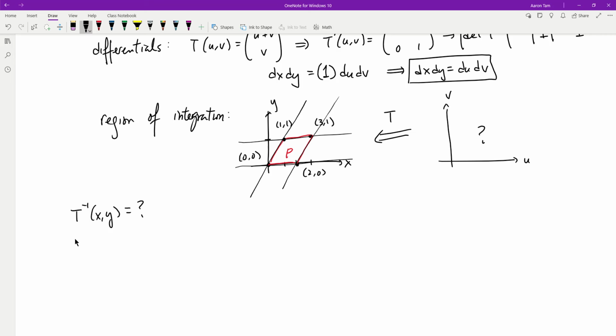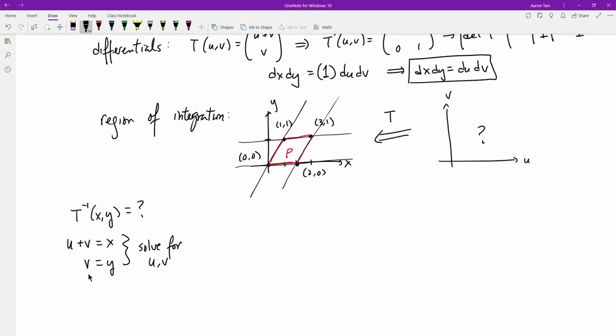How do I find the T inverse? Very simple. I'm going to take what I know and see if I can rewrite it by solving for U and V. That way I will be able to rewrite the relationship backward and form our inverse. This is pretty easy because we already know V equals Y, so they're exactly the same thing.